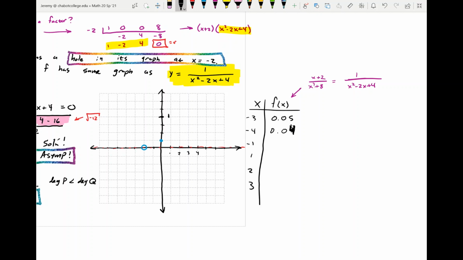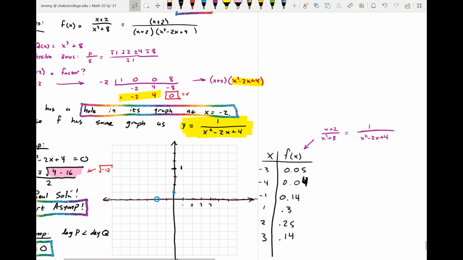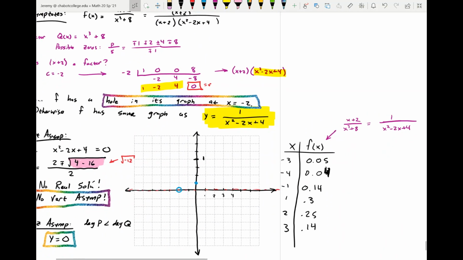I can plug in -1 and I get 0.14. Plug in 1 and I get 0.3. Plug in 2, I get 0.25. I plug in 3 and I get 0.14. Okay, cool.